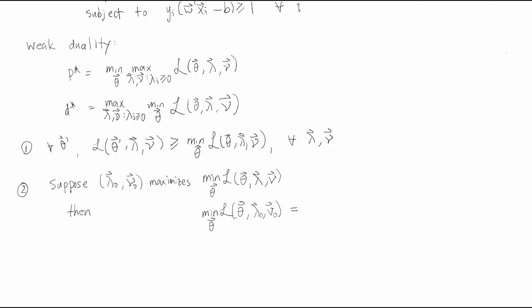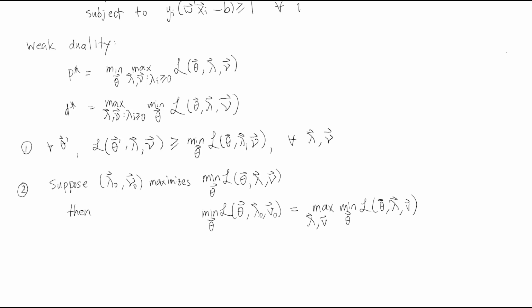If we plug in lambda 0 and nu 0, that's the same thing as saying max over lambda and nu, so that's equal to max over lambda and nu of min over theta of L of theta, lambda, and nu. That one is just using what it means to maximize the function.